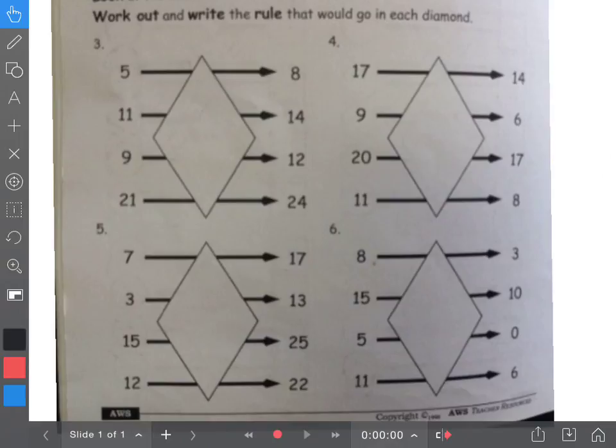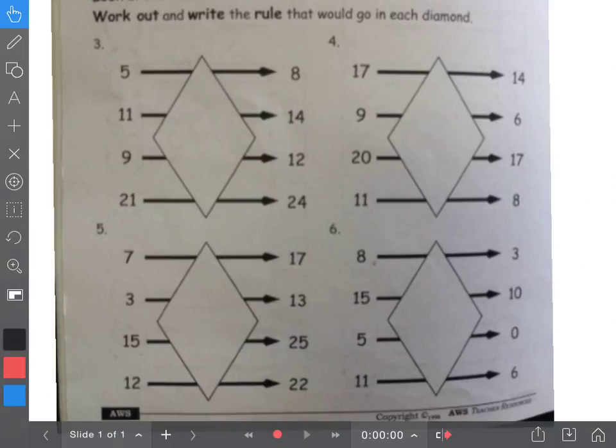We have to figure out what rule would go in the diamond that would fit each of these numbers. So, 5 to 8, 11 to 14, 9 to 12, 21 to 24. What do you think the rule might be for those ones? What might you have to do to get to those numbers? Matthew, I like the way you've got your hand up.